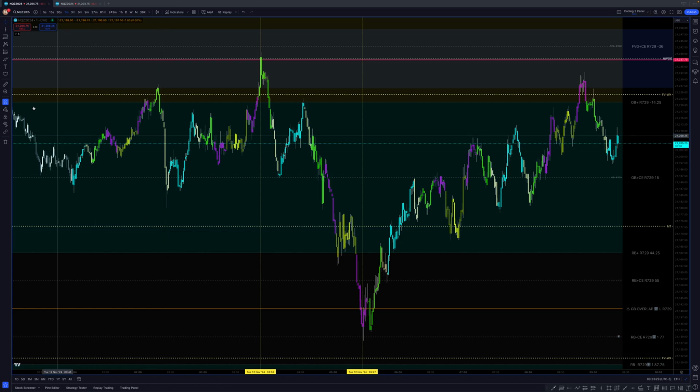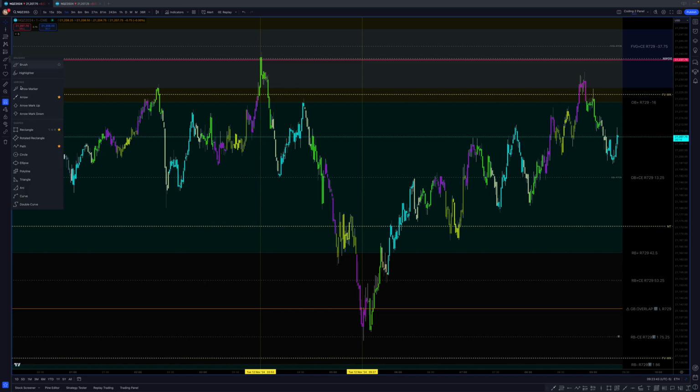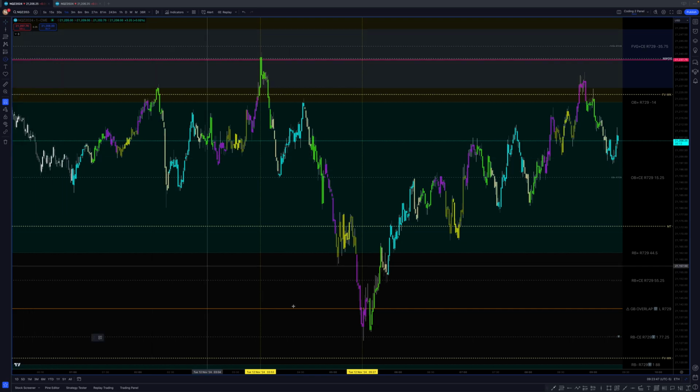Let me get a little drawing diagram over here. If I can find it. Geometric shapes. That's what I want. I want a geometric shape. I want a circle. Alright.